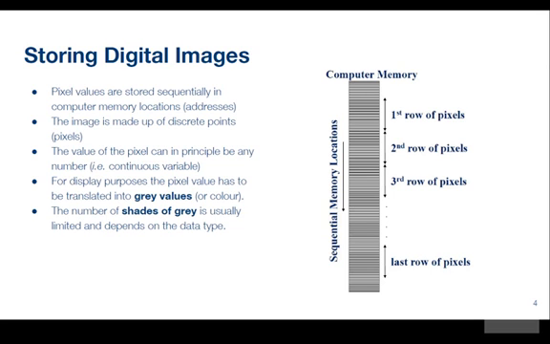So if we imagine a 2D image is made up of rows and columns, as we go across row by row, we can represent this as one continuous list of memory locations. And that's what this is trying to show. If we imagine computer memory where each of these individual lines represents a location, an address, in digital memory, then the grayscale value of that pixel is stored in a location.